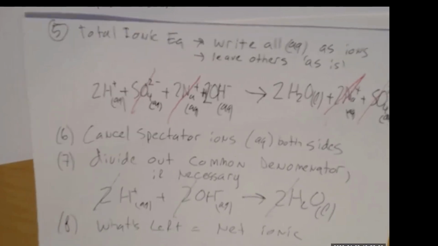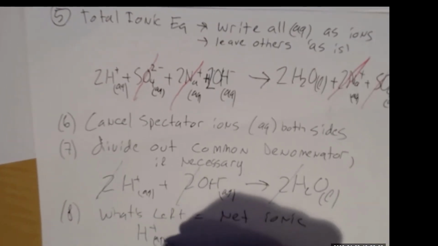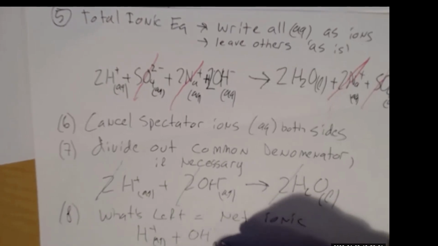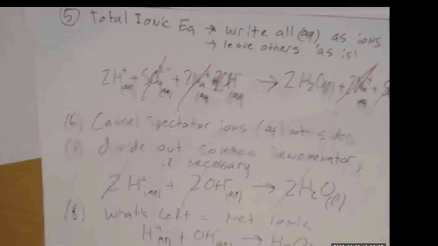So that's what's left. When a hydrogen ion in solution bumps into a hydroxide ion in solution, they form water, liquid. That's my net ionic.